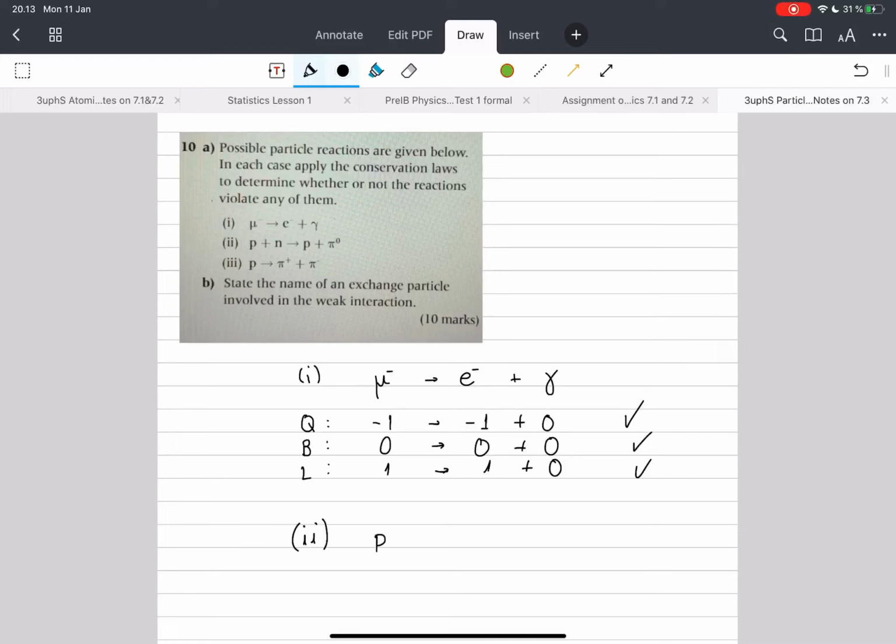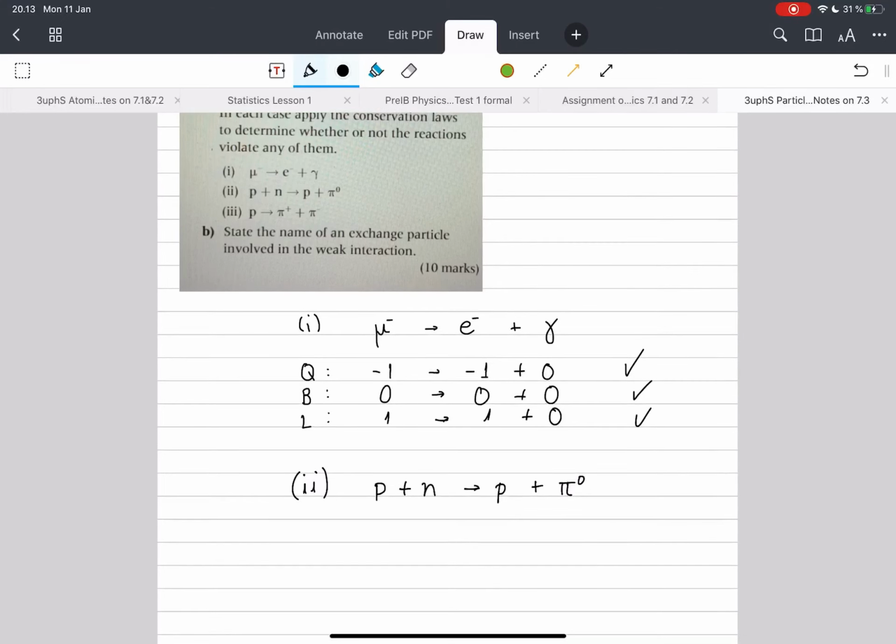You have a proton plus neutron giving you a proton plus a pion. All right. Now, let's look into Q, B, L. Proton has charge of +1, the neutron 0, and on the other side +1 and 0. So the charge is not violated. Let's look into the baryon number. The proton has baryon number of +1, as you will see on the tables above.